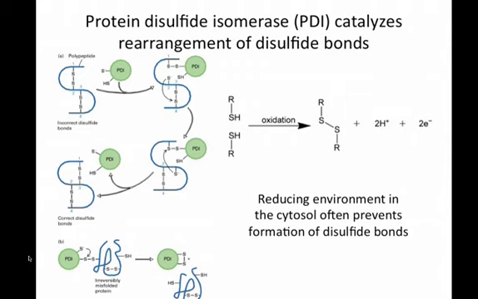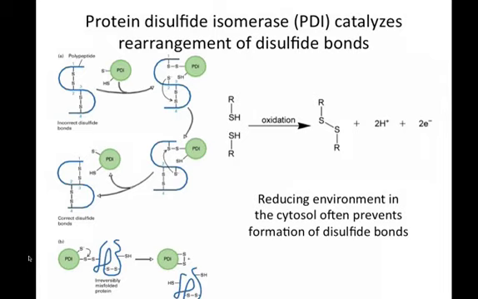And here you've got your polypeptide that just came off the ribosome, and the bonds are usually going to form in the order that they come off, because those are the ones that are going to be closest. But that's not necessarily right. So PDI will come along and bind to the sulfur groups and help in rearrangement of the disulfide bonds until you get the correct folding.